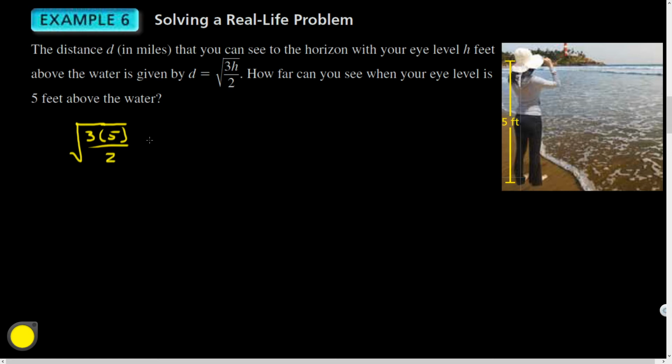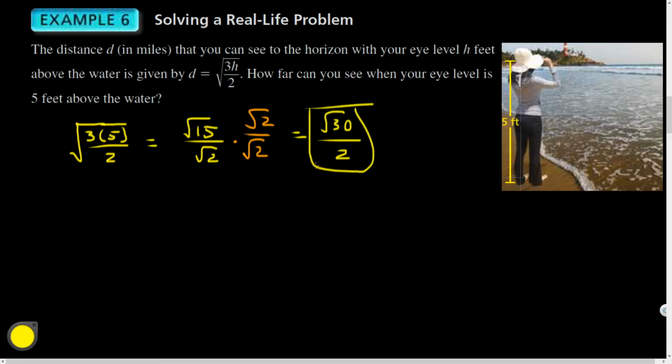And so this is the same as the square root of 15 over the square root of 2. And look, I don't even need a conjugate for this one. No, don't need it. Just rad 2 over rad 2. And so I'd get square root of 30 over 2.